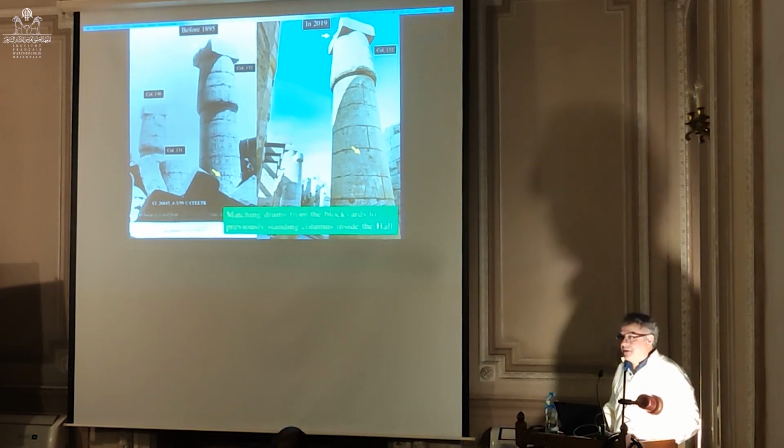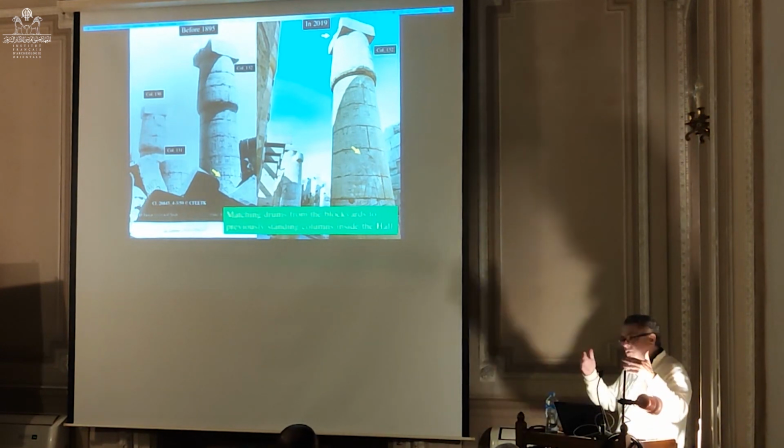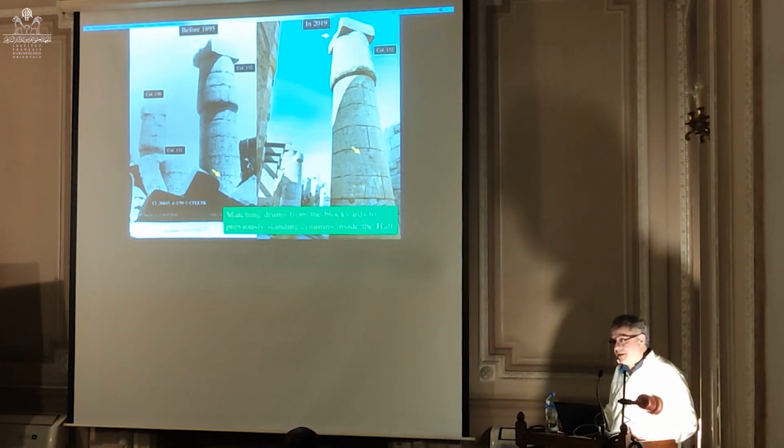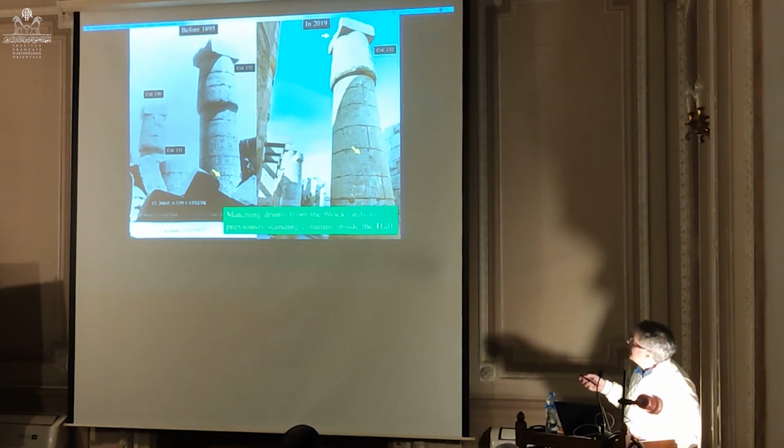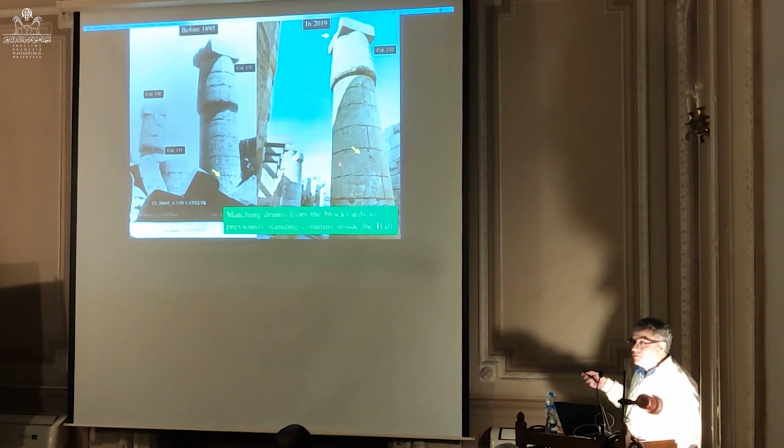So other aspects that we have dealt with is the use of pictures from Legrain in order to try to locate some of the numerous loose blocks that stand outside of the hall. So this is a picture taken before 1895 of the area which is right next to the northern wall, and today this is the column that is still standing, column 132, that you can see on this picture.